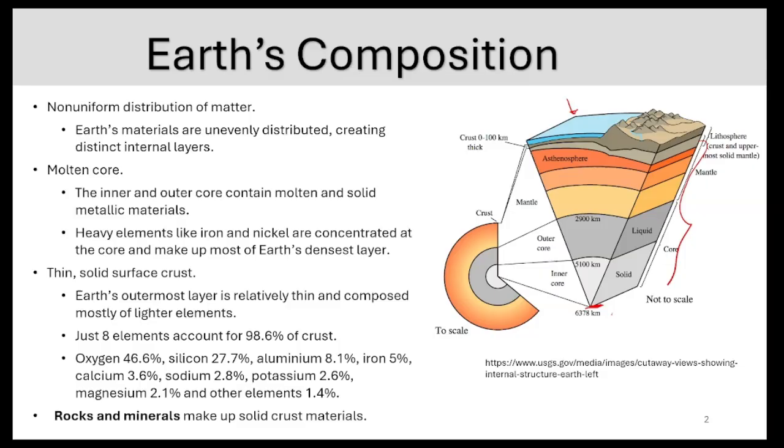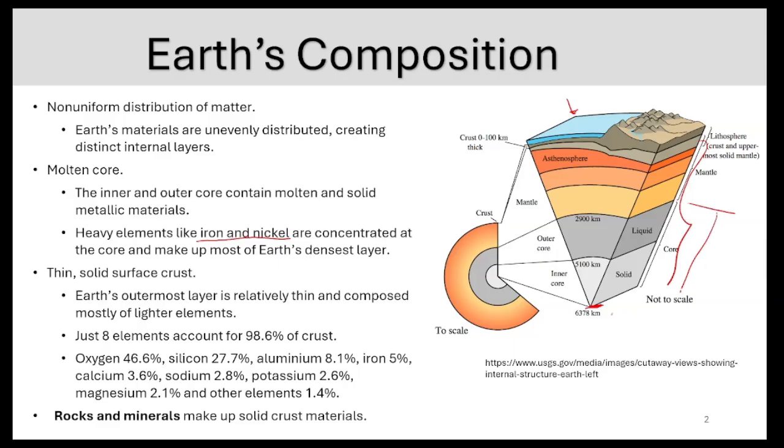And the Earth is not uniform, rather it's layered matter, and because of gravity, the heaviest materials, primarily iron and nickel, sink and form the molten core.